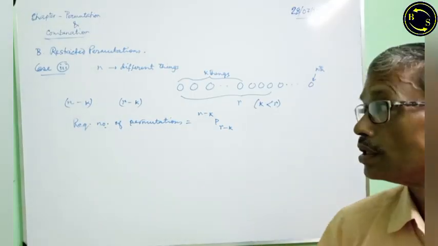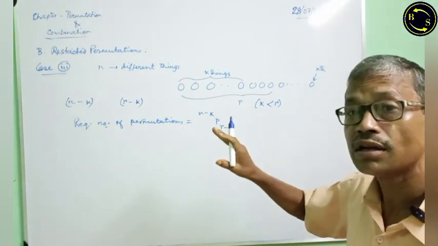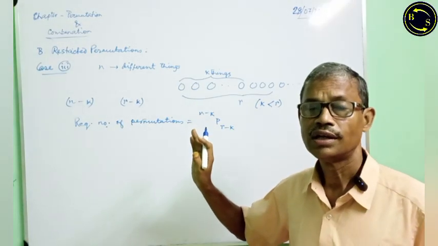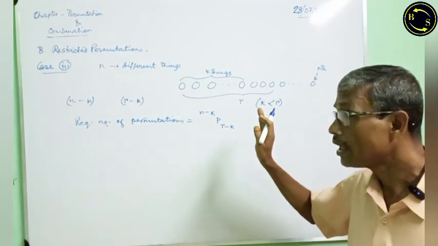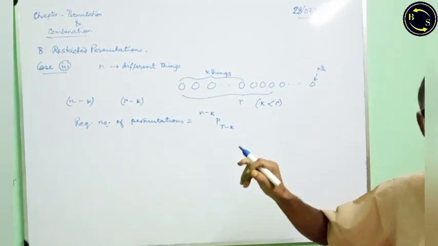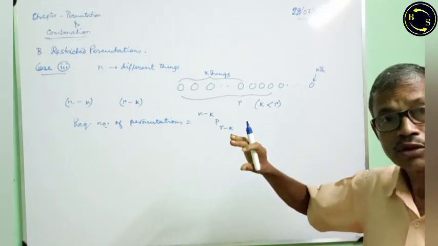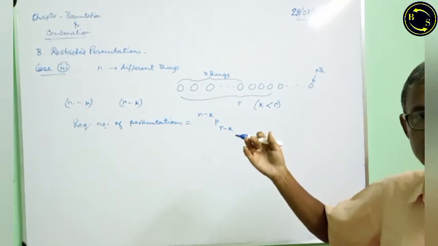Note two things. Initially, k things are placed in specific positions. That means they cannot change their positions among themselves. Hence, the positions of the k things put earlier are fixed.